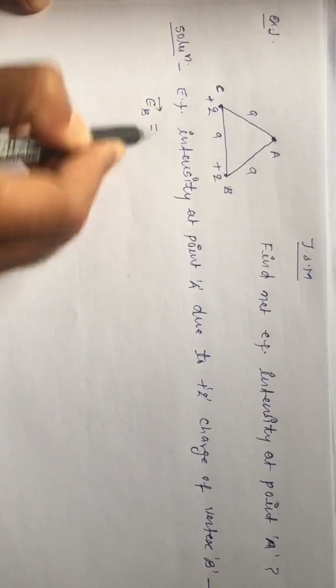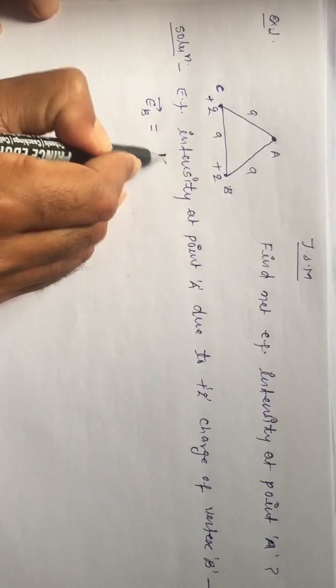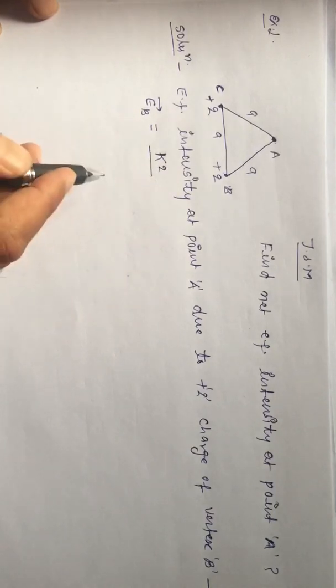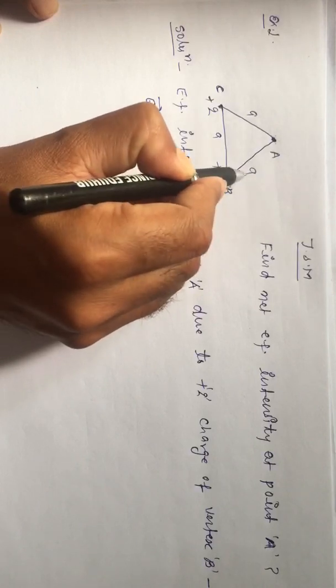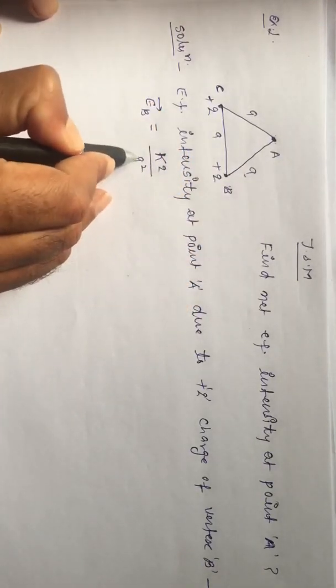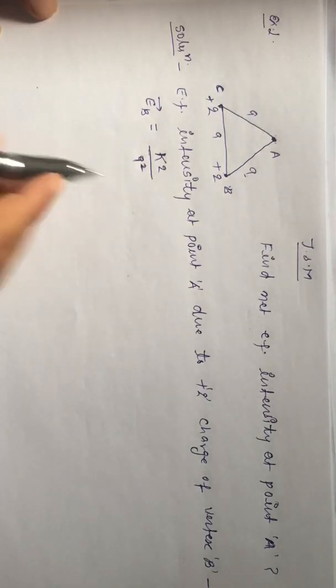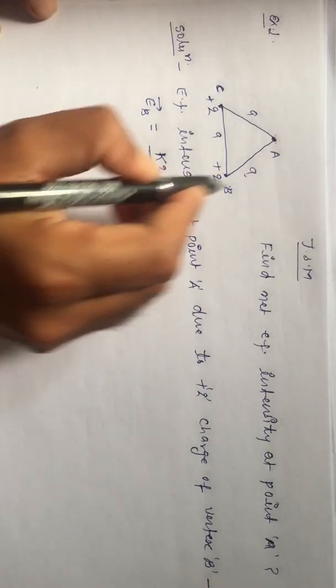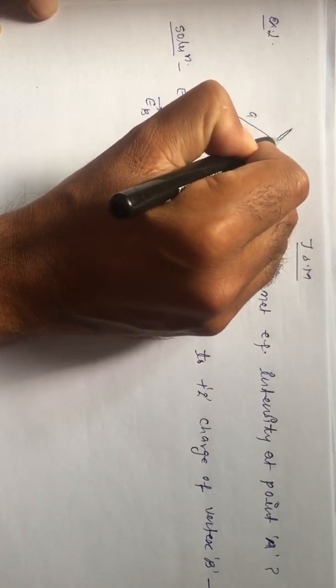EB vector will equal, according to the formula, K Q upon r square, but in the place of r the distance of point A from the plus Q charge is a, so K Q upon a square. It is only the magnitude. What about the direction? We have to write down the direction also. Actually, due to the plus Q charge, the direction will be away from the positive charge.